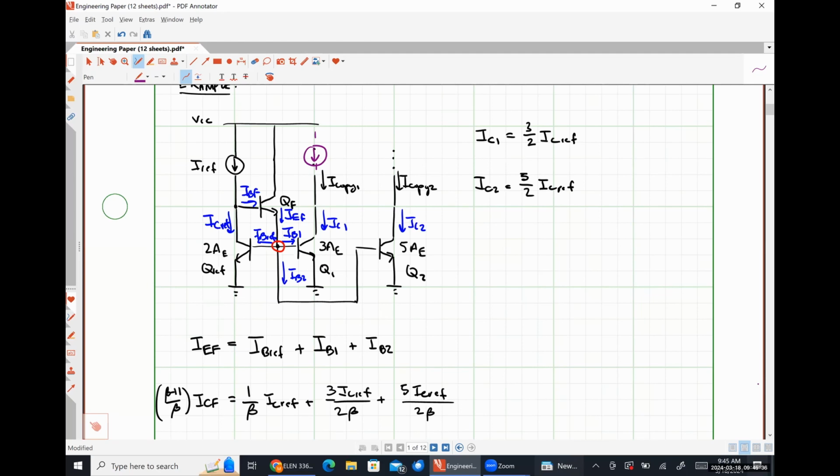I think so. I'm curious why Q-ref, which we used at the beginning as a sensor, right? We're sensing the current and using that to force the other transistors to drive. Yes, I said that in as much as we were trying to piece together how to duplicate the current. But as soon as we put that diode connection in there, that messes things up, because not all of IREF is flowing into the collector of QREF.